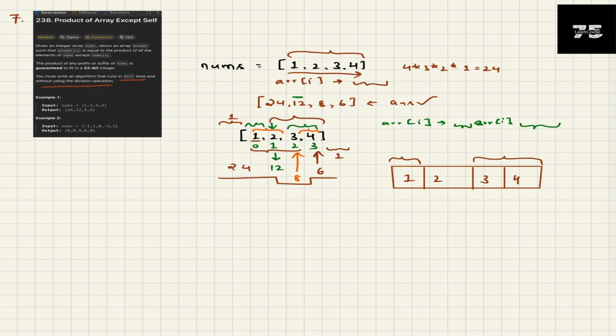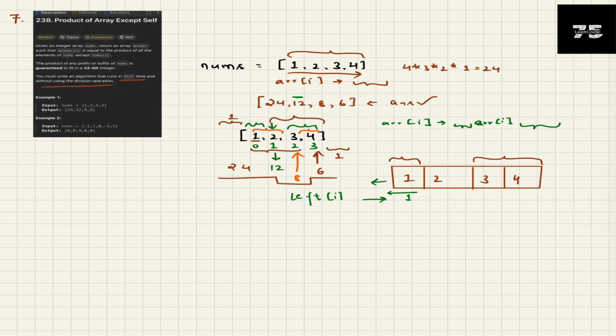So if I have an array, let's say left of i, where I keep storing the multiples before this. So for this one, for anything which is multiplied before 1, I am gonna call it just 1, because there is nothing before it, right?